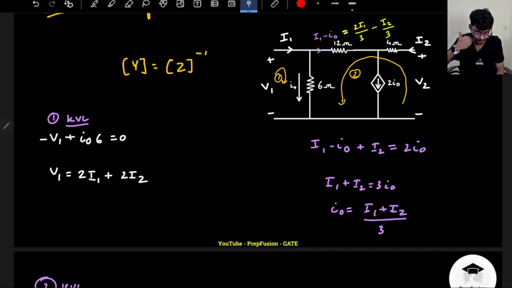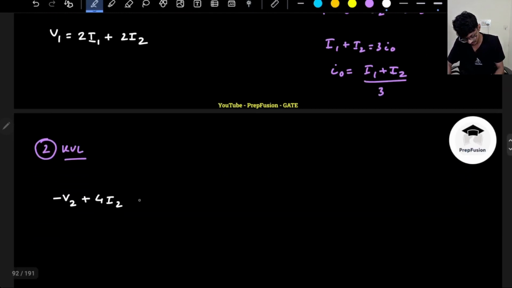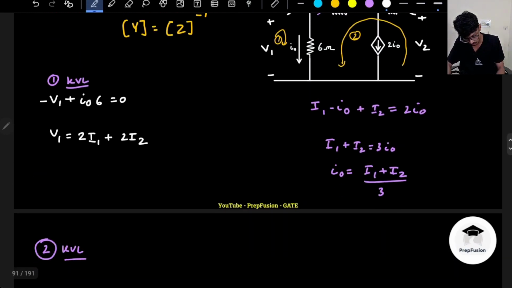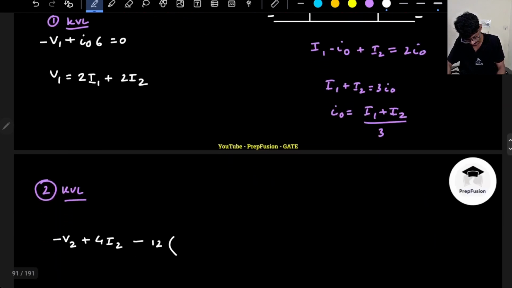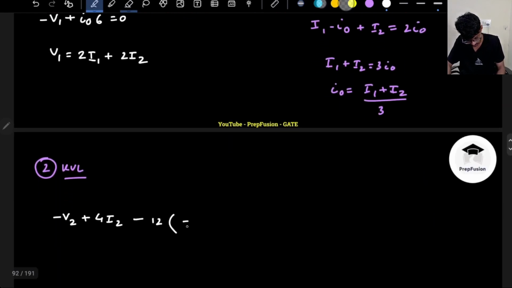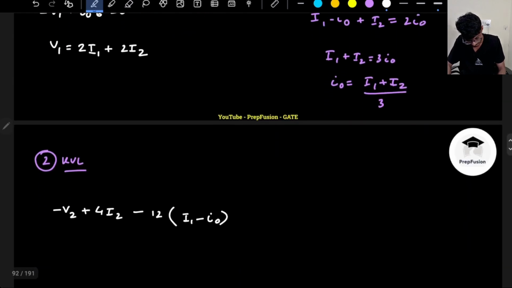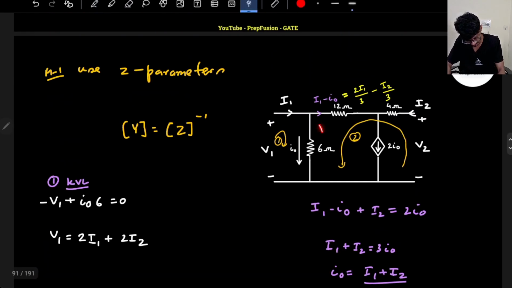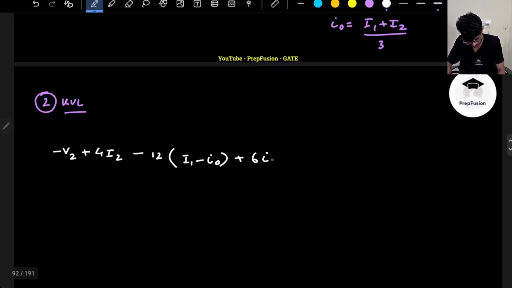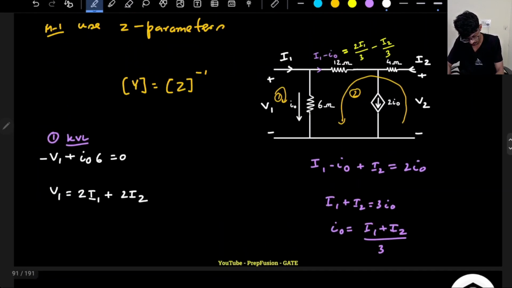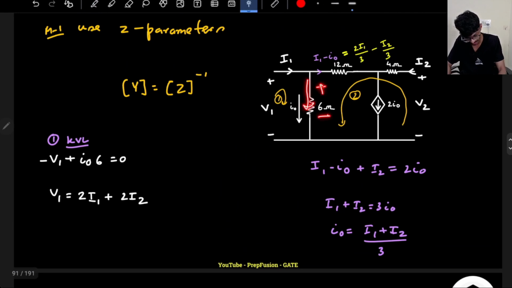That is how I write my KVL. So negative into 12 into I1 minus I0, plus same voltage 6 into I0, equal to 0. Of course, the current direction is this, so this is plus minus, so I will write the first sign.